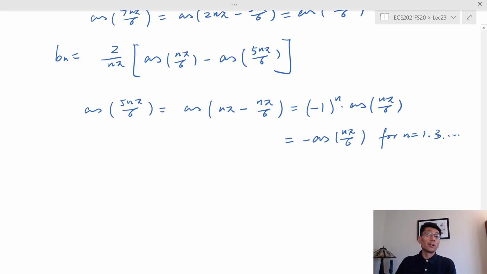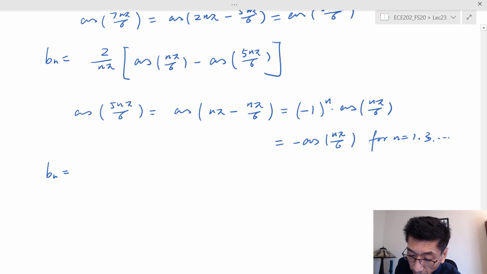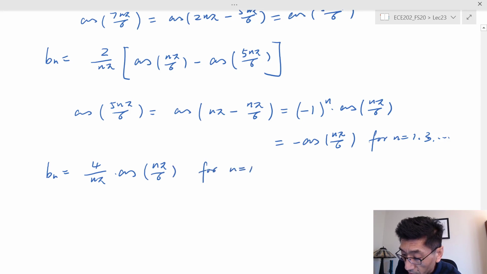Because all the even terms we know are 0, so we don't need to worry about that. So therefore, b_n is going to be equal to, we double this again, right? So we have 4 over n pi times the cosine n pi over 6 for n equal to 1, 3, and so on and so forth, right?